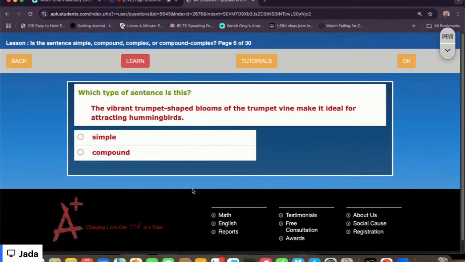Simple or compound? So we have simple. All right, that's it for our lesson today.